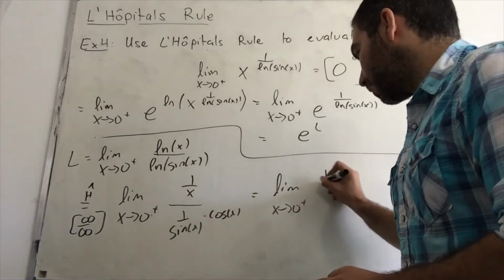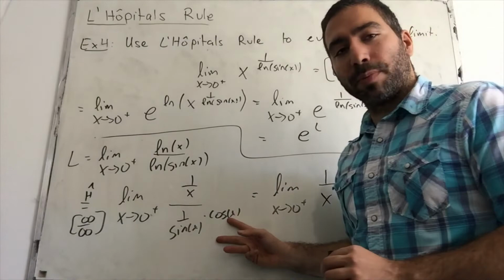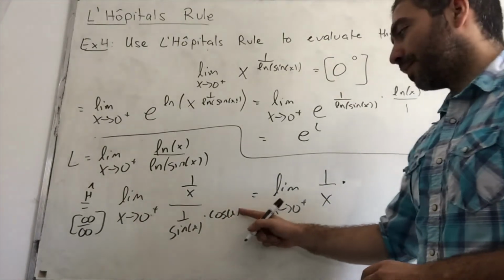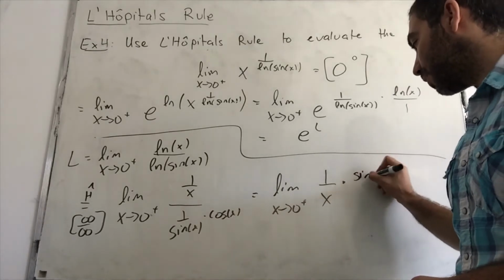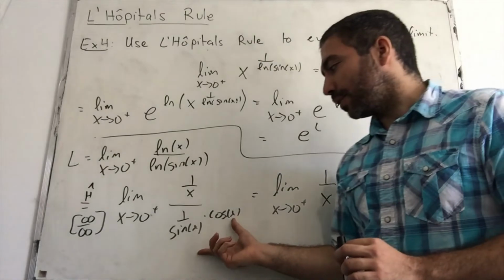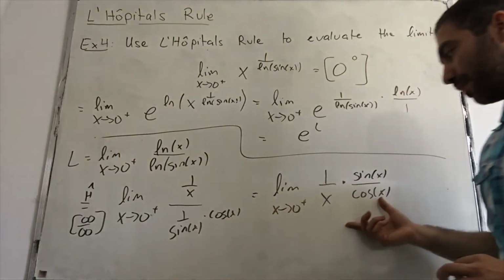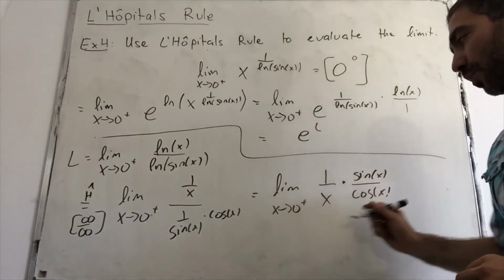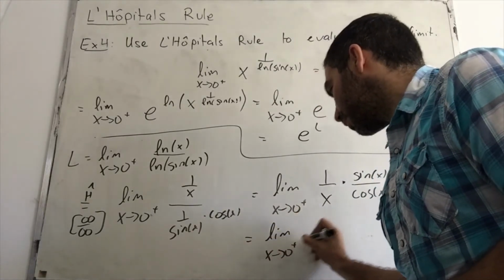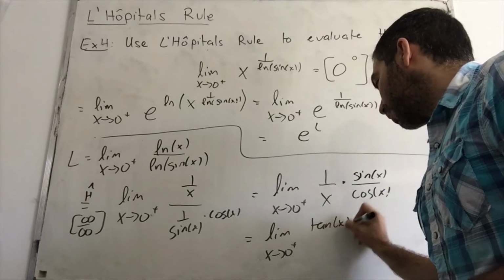So we have 1 over x, and I'm going to multiply by the reciprocal, so instead of cos over sine, I'm going to have sine over cos. I was going to introduce cotangent, that's another way of doing it, but I think this is simpler. Because sine over cos, we could just rewrite as tan, so we get tan over x.